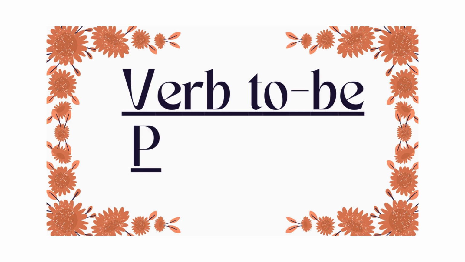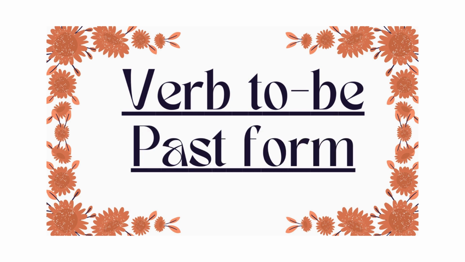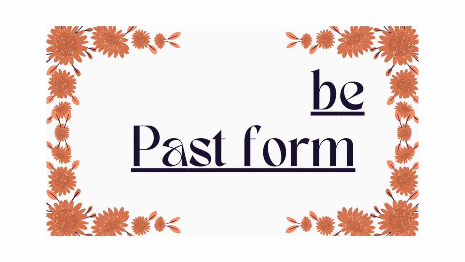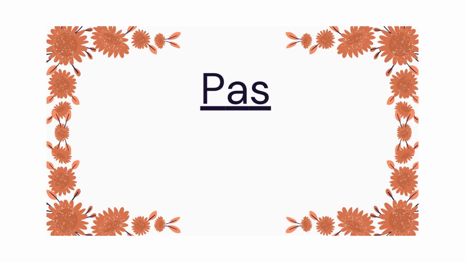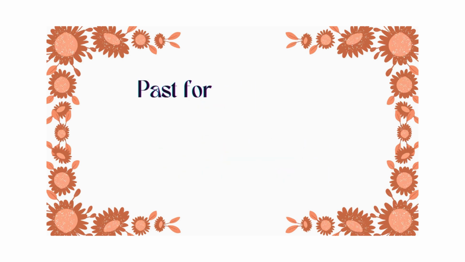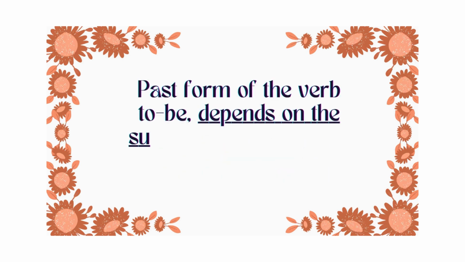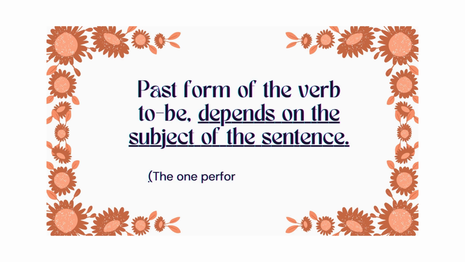The verbs to be in the past form are was and were. Their usage also depends on the subject of the sentence. And here is how they work.